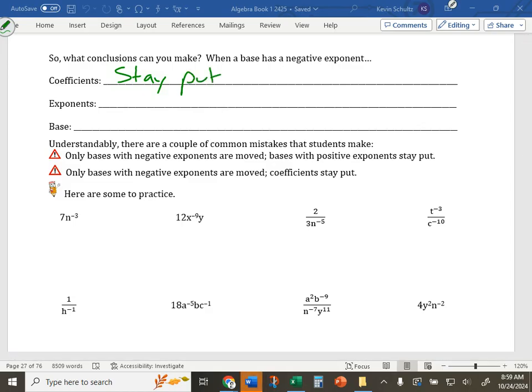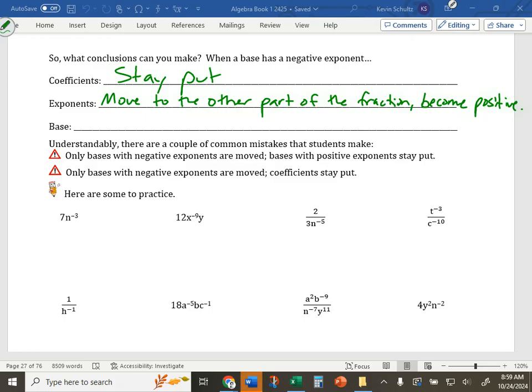They do not move because, as in every other rule, are the coefficients affected by the power? No. Okay, so they stay right where they're at. Exponents move to the other part of the fraction and they become positive.